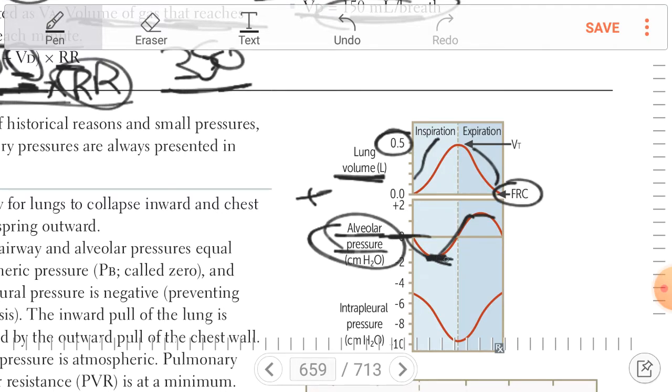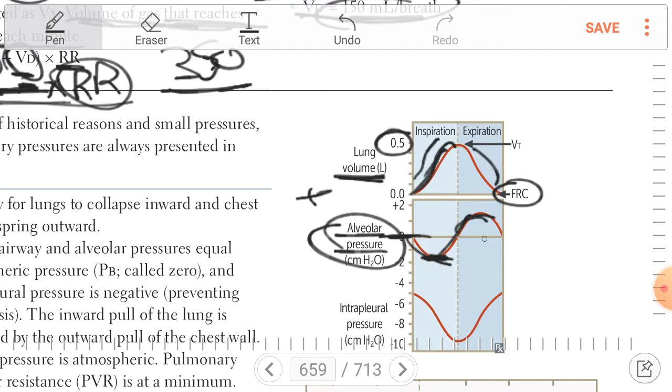So the negativity of alveolar pressure will facilitate the entrance of air from outside to inside, because the outside is more positive than the alveolar pressure. This will lead to inspiration and an increase in lung volume.